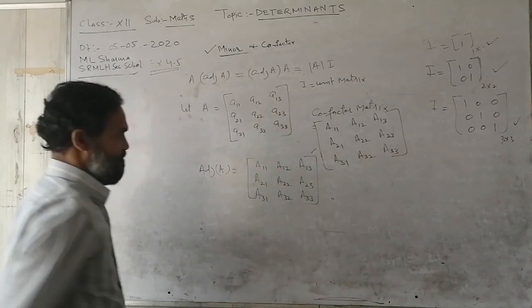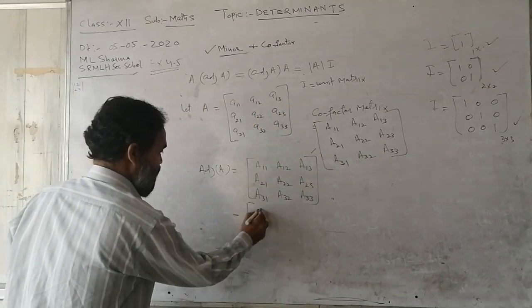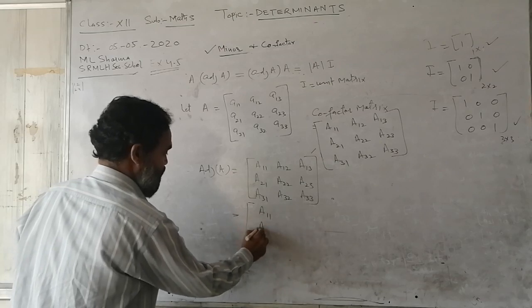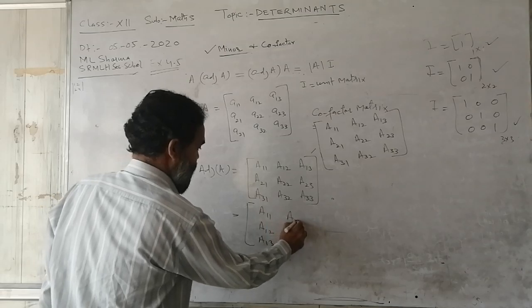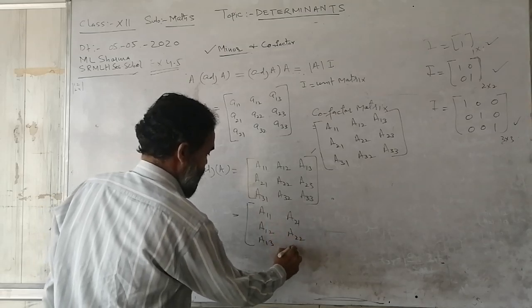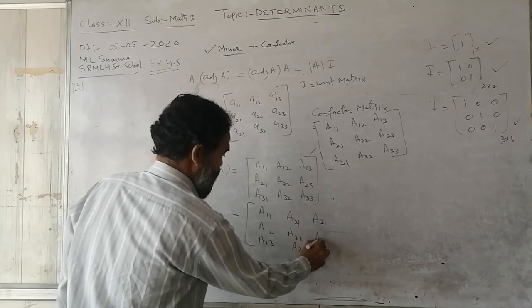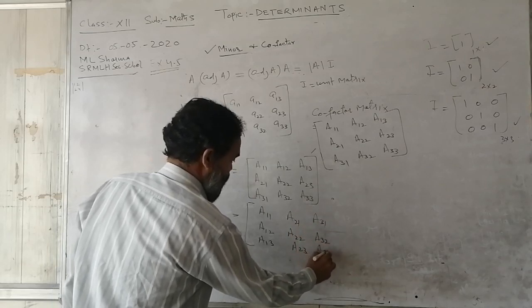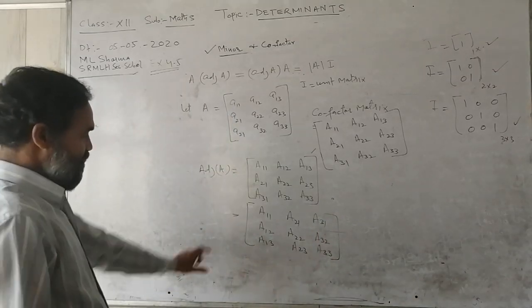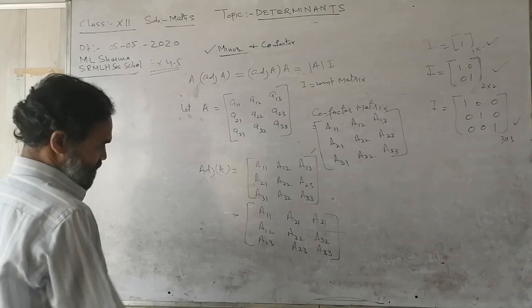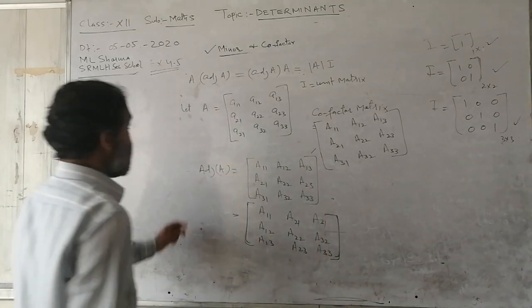Its transpose will be equal to this, so that means the adjoint is equal to this matrix. Now I have to prove this result.